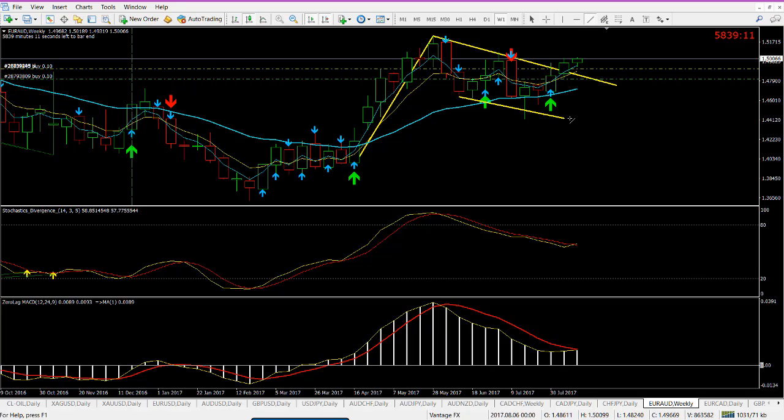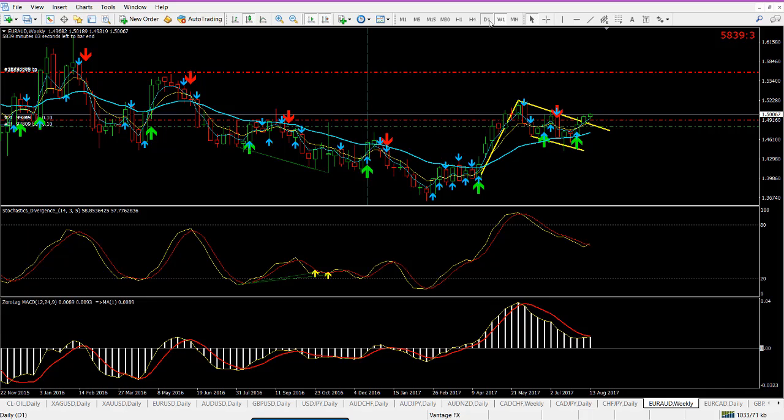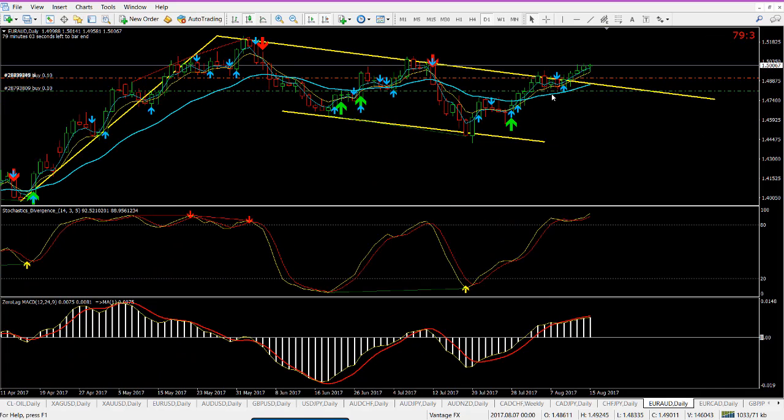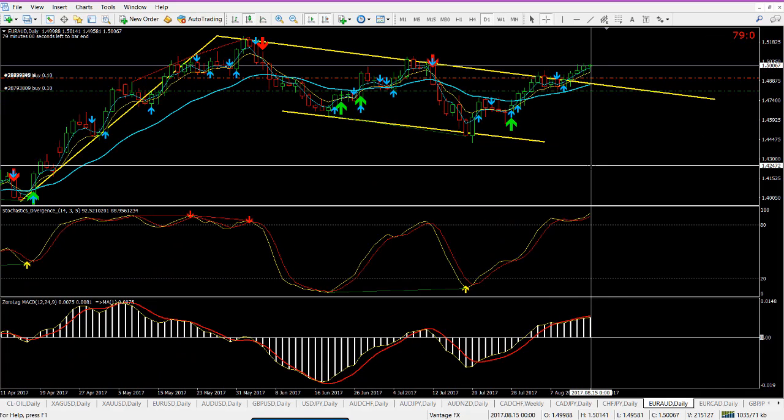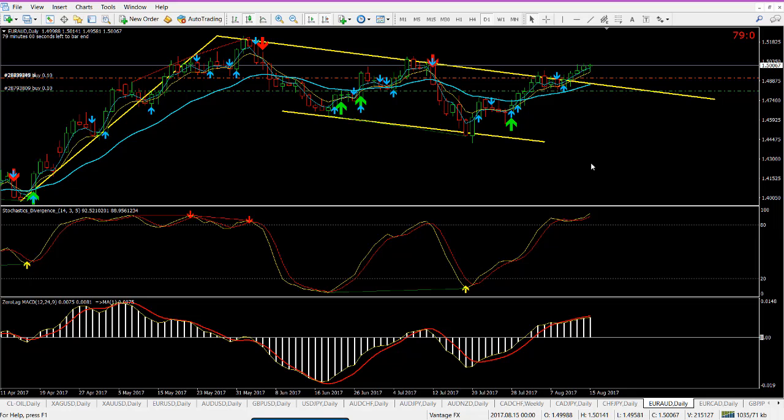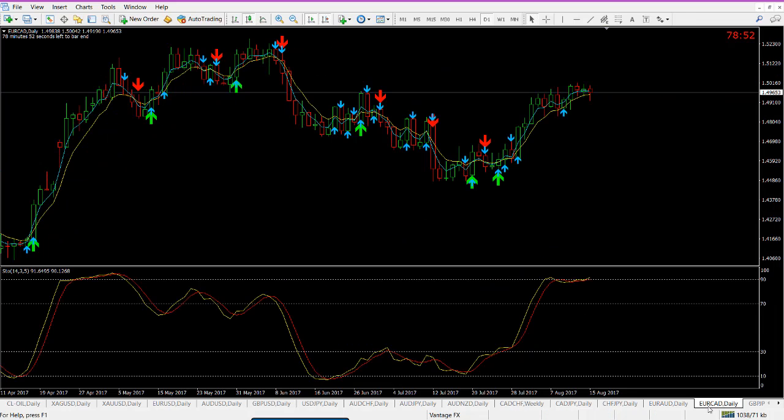Yeah, it broke upward, and then hopefully it's gonna move up. This is the weekly chart, and in daily, boom, it's on top of the market. I have actually two positions here. All right, this one's looking good so far.